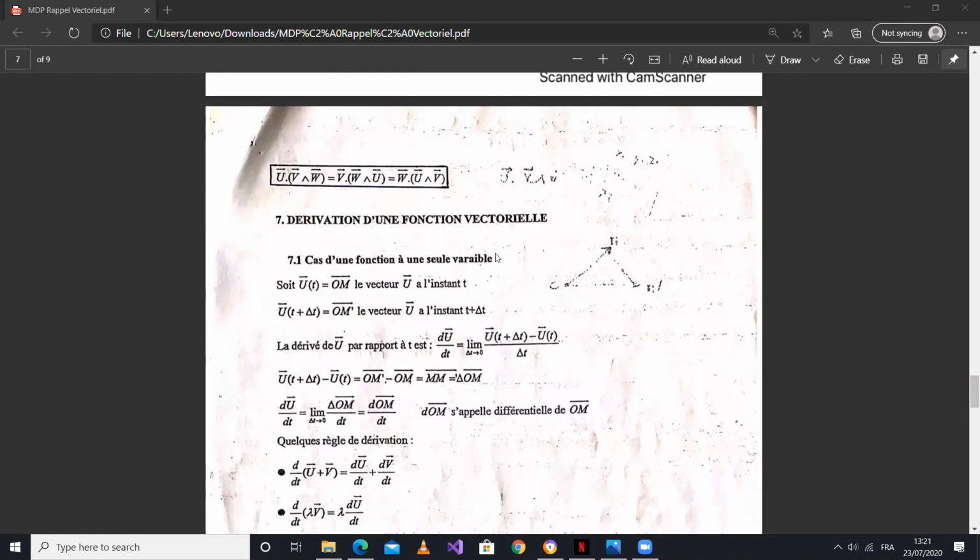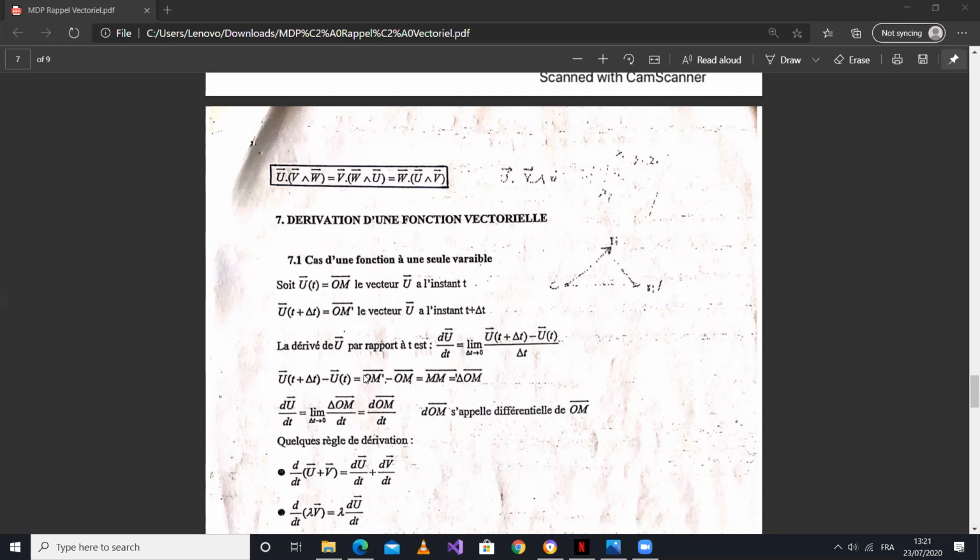la dérivation. I'm sure most of you have done calculus 1, the whole thing for derivation and all that stuff, so this should be nothing new to you. It's just the same ordinary derivation that you know.